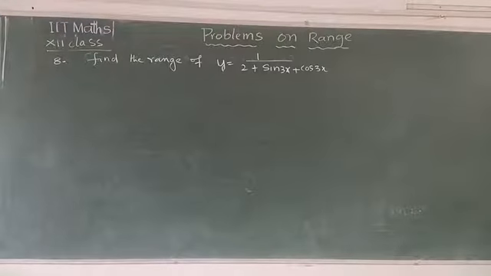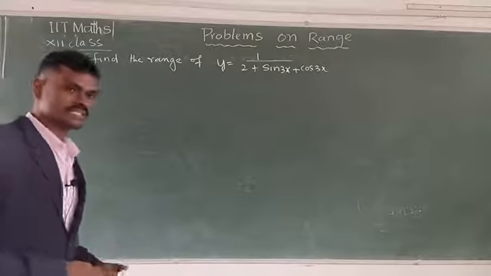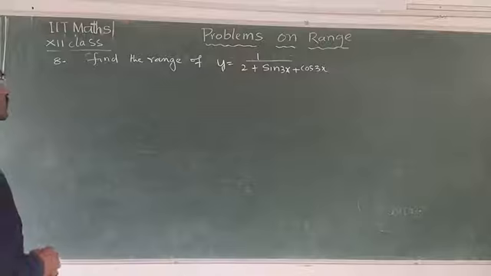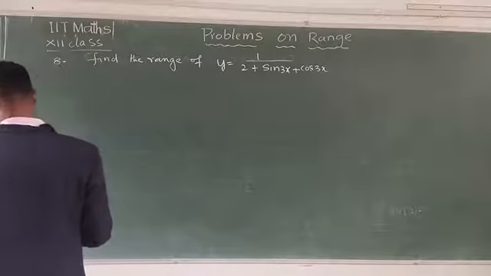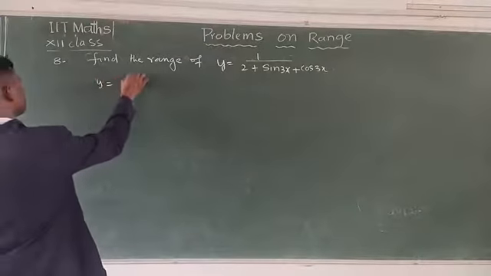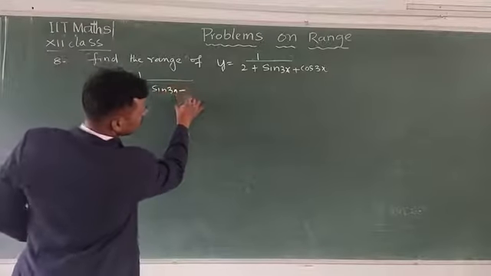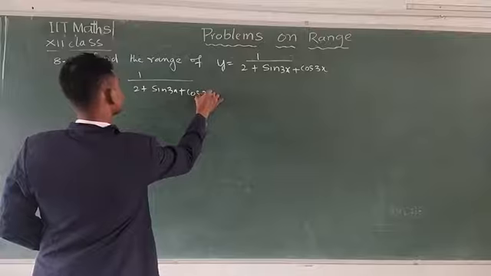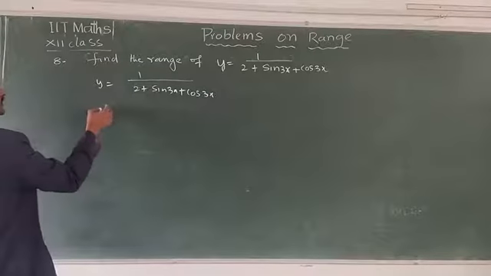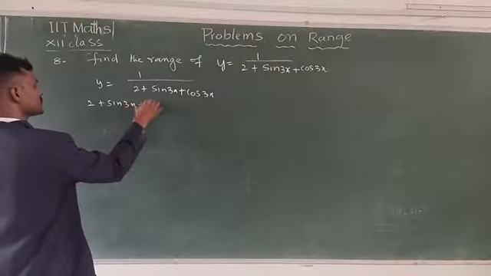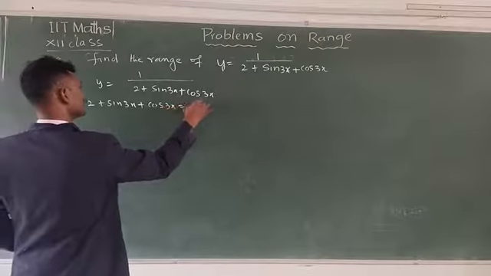Okay, next eighth problem: find the range of y is equal to 1 by (2 plus sin 3x plus cos 3x). Here I have not given any option, you just have to do it. See here, how to do this problem? You are given y is equal to 1 by (2 plus sin 3x plus cos 3x). You have to write this as a reciprocal: 2 plus sin 3x plus cos 3x is equal to 1 by y.